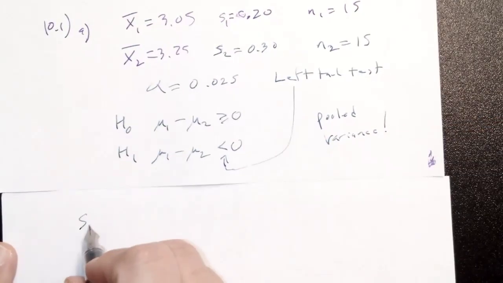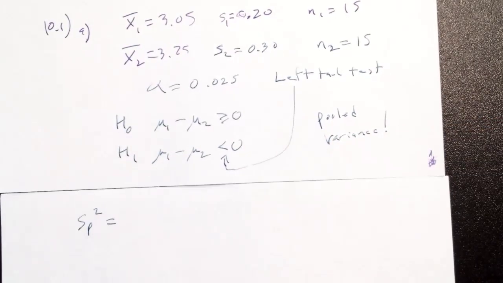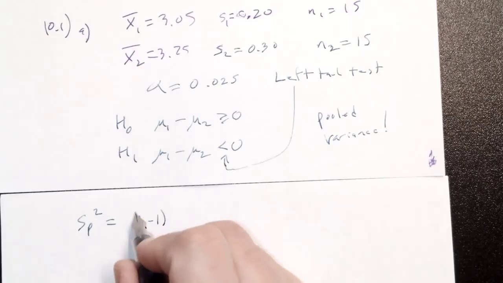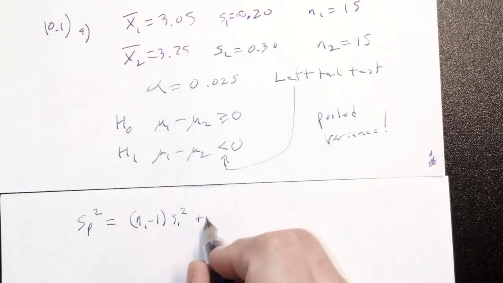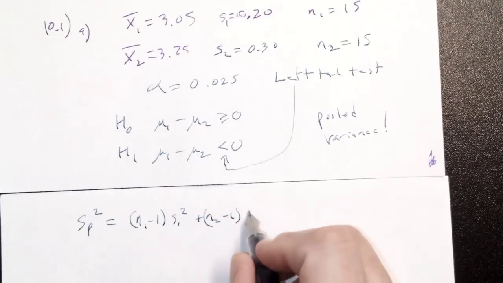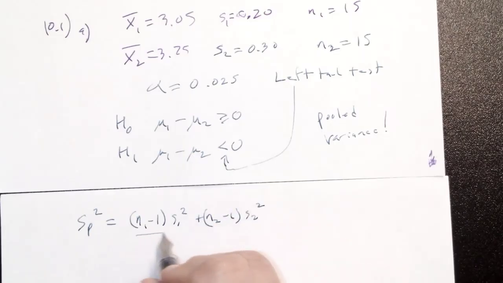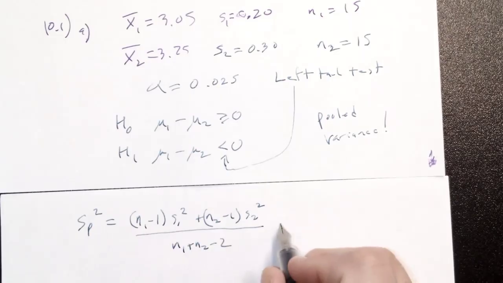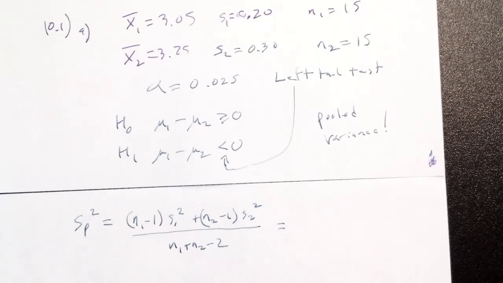So let's figure out SP squared. That's that big ugly formula we were just looking at. Put in all the right numbers.